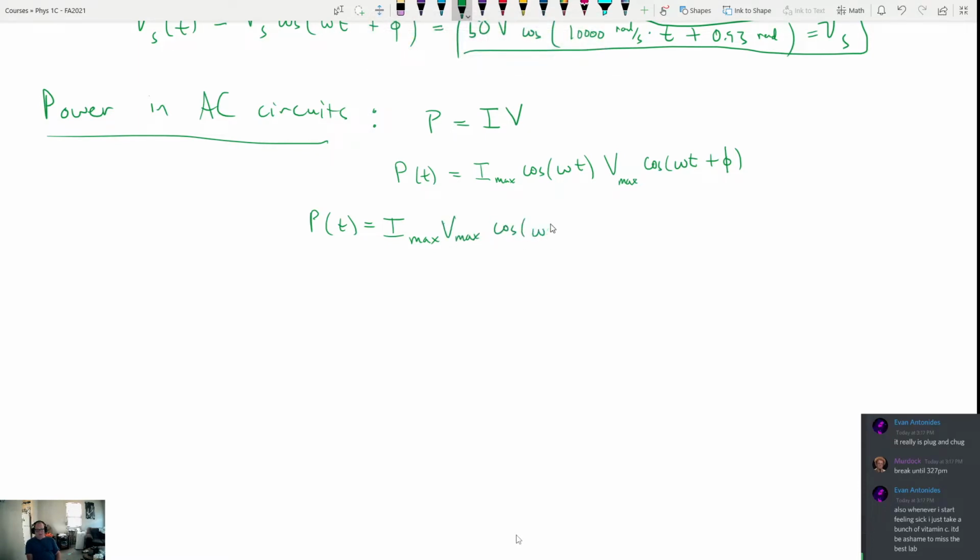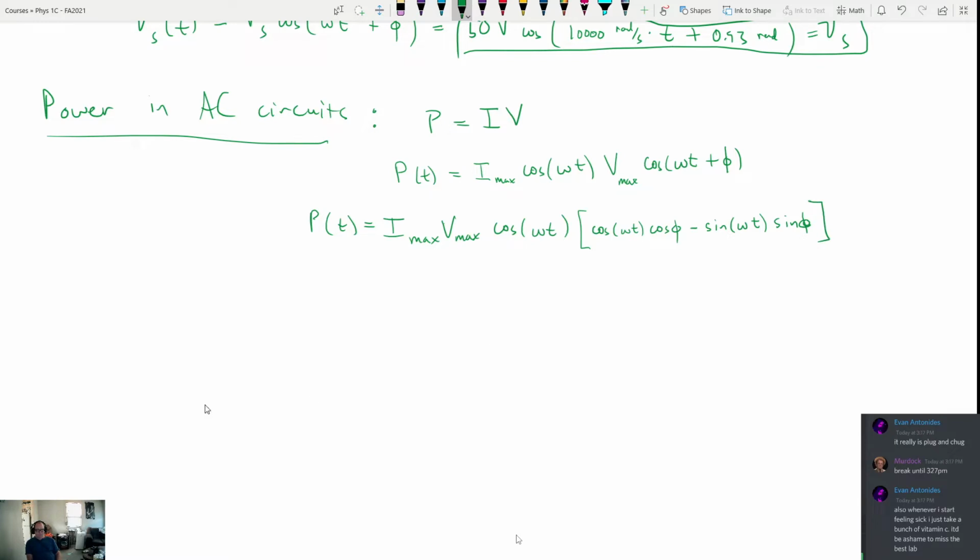So it's cosine of omega t times cosine of omega t plus phi, which is the same thing as cosine of omega t times the cosine of phi, and since this is plus, we make this minus the sine of omega t times the sine of phi.